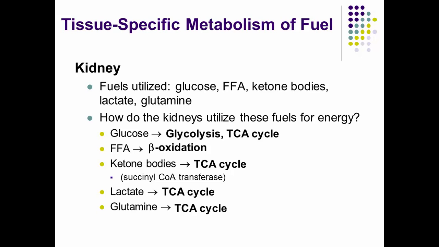Glucose can be oxidized through glycolysis and the TCA cycle, fatty acids through beta oxidation, ketone bodies through the TCA cycle, and likewise lactate and glutamine. So the kidney seems to oxidize all these metabolic fuels completely for energy. And of course, ketone bodies and fatty acids are primarily used during starvation, similar to other tissues.